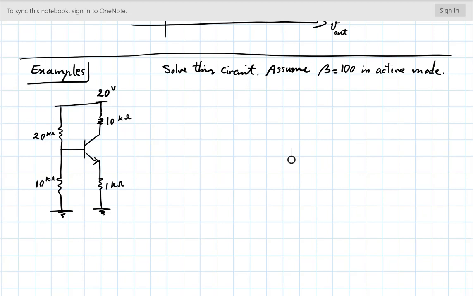Now, if you think about this from an engineering approximation type of approach, if you're dealing with a BJT like this, if you want to simplify things for yourself, what is one of those things that you might be thinking about neglecting? Something that's a lot smaller than some other things.